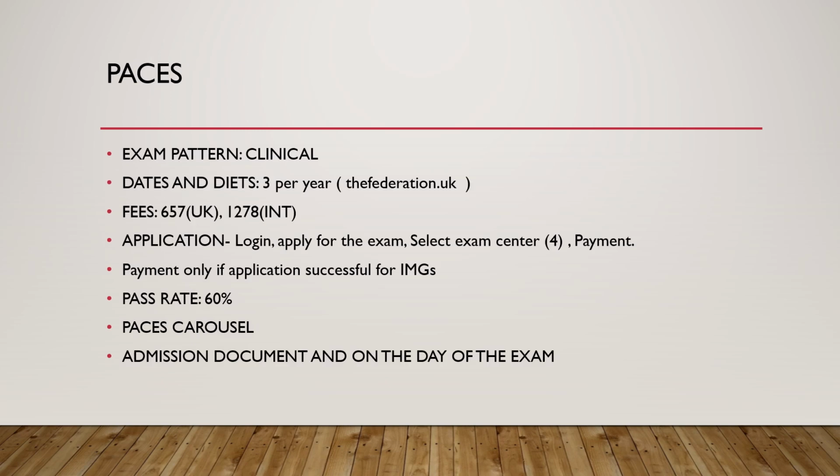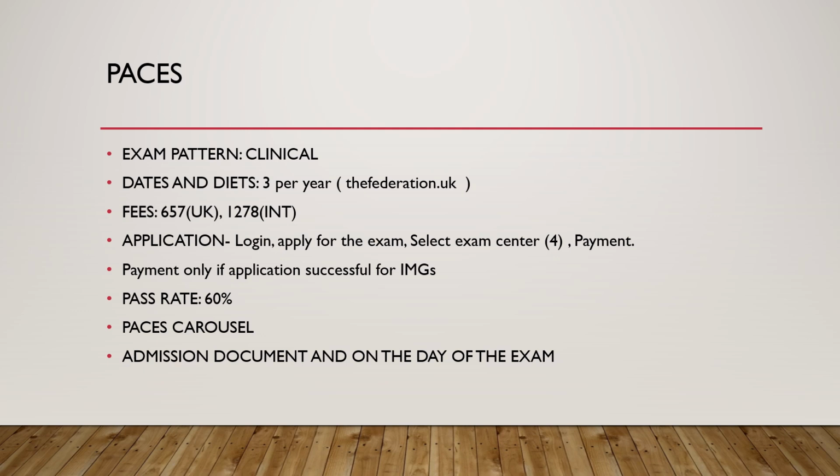The biggest hurdle in MRCP is PACES, which is a clinical exam. There are 3 dates happening per year. You can check the dates on the federation.uk website, and the fees are £657 for UK centers and £1278 for international centers.